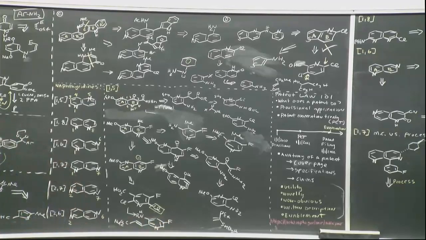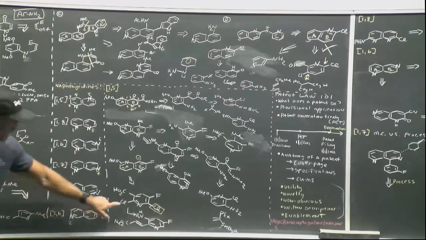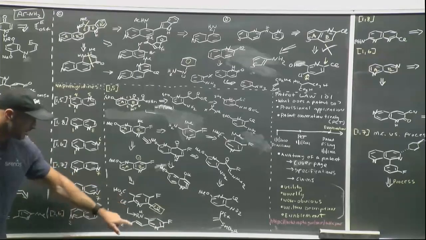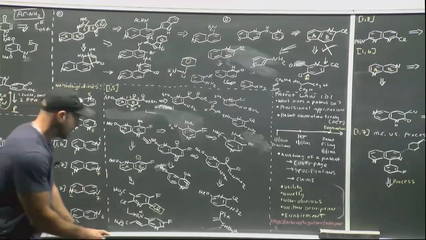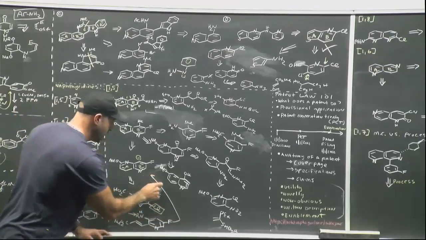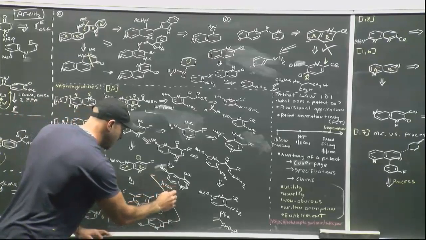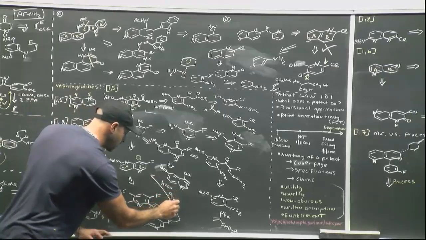So a Curtius rearrangement would convert the acid to the amine, followed by a Heck reaction on that chloro, and that will then dutifully cyclize into this product by treating it with acetic acid and catalytic tributylphosphine.